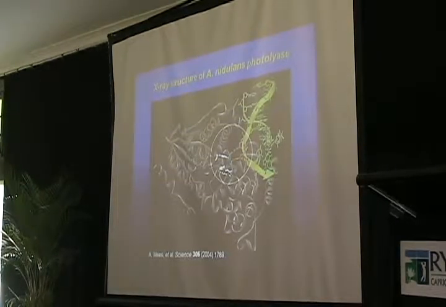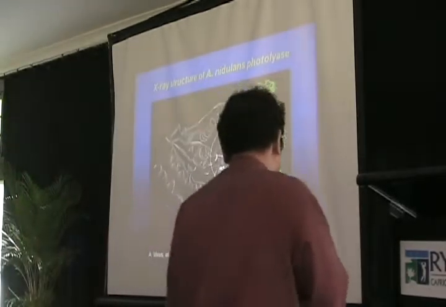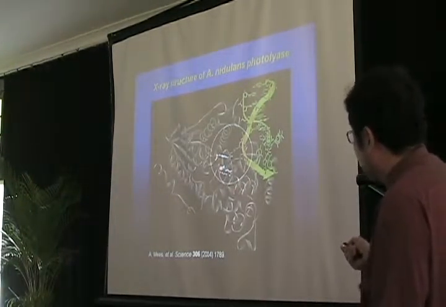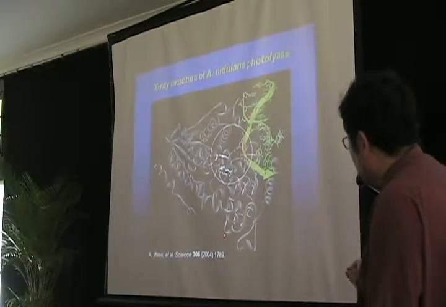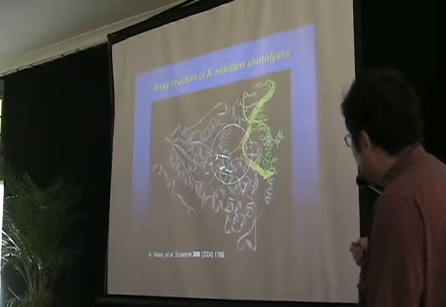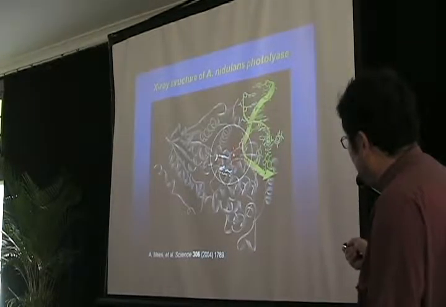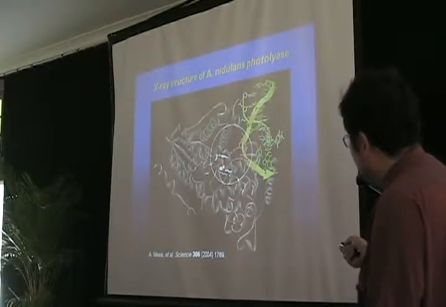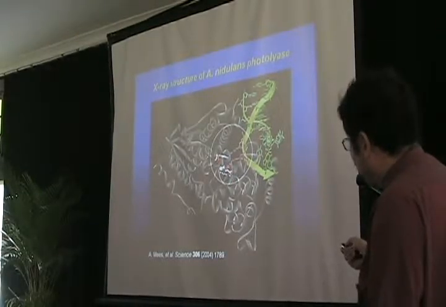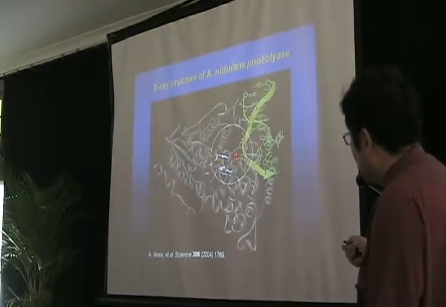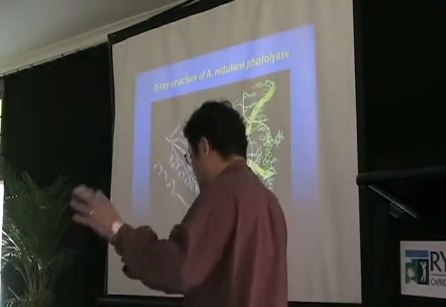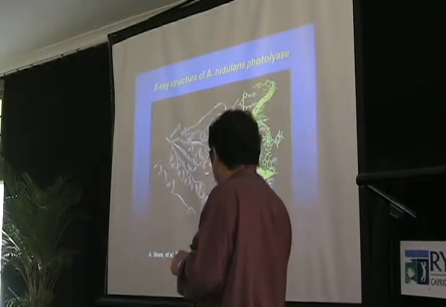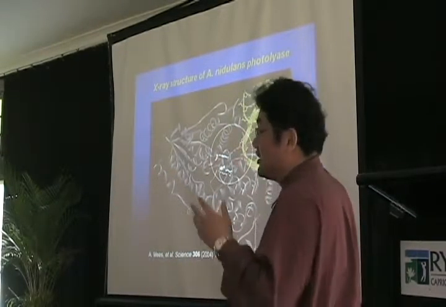So this is the complex structure by X-ray diffraction. Its resolution is around, I remember, 2 angstrom. You can see here the DNA, and this is the damaged TT dimer. This is a hole here. This is a cofactor, the flavin molecule. Very interesting, when they published in Science, one of my collaborators reviewed this paper and noted that this is not a dimer structure.